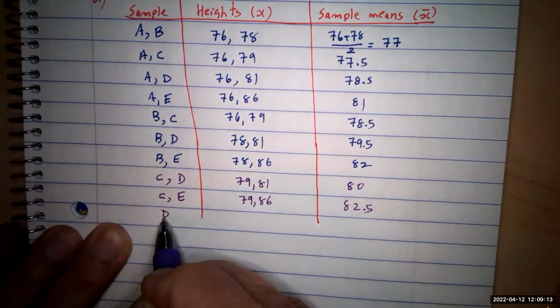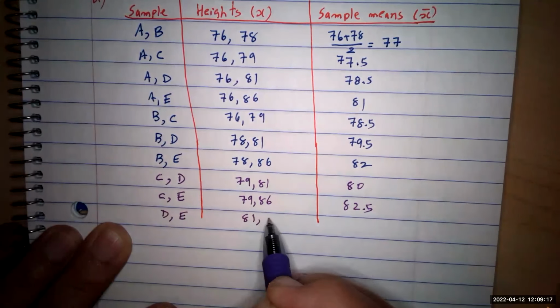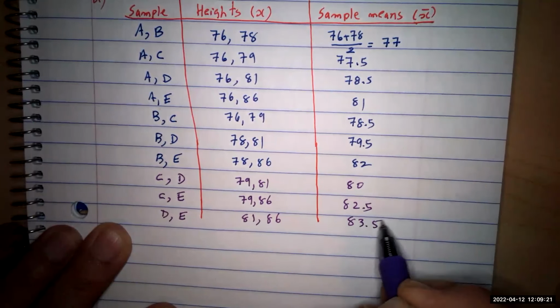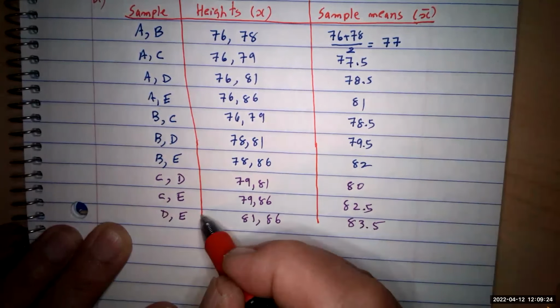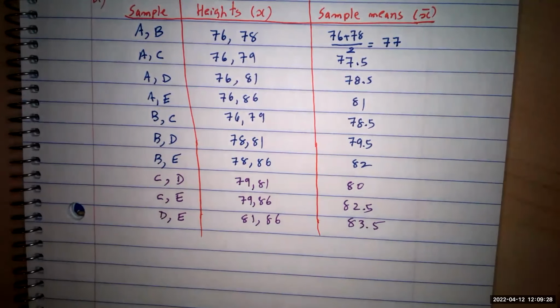The last one is D and E: 81, 86, and that number is 83.5. So these are all the possible cases that we're going to have.